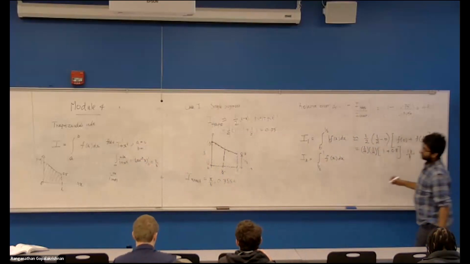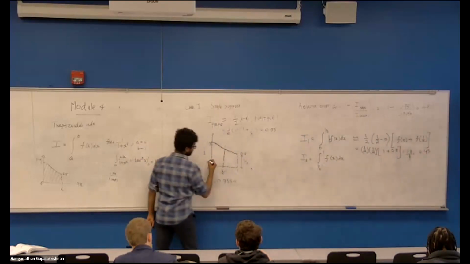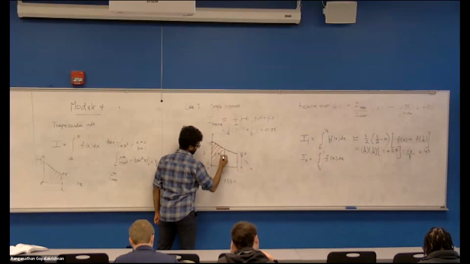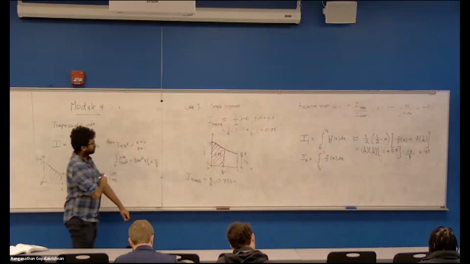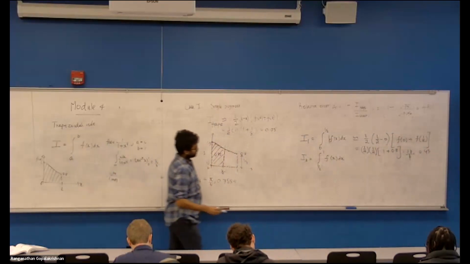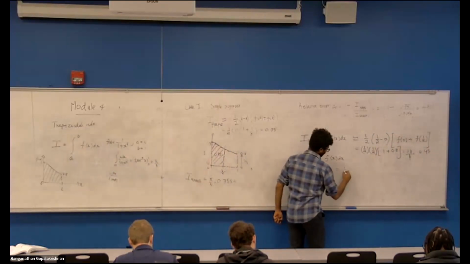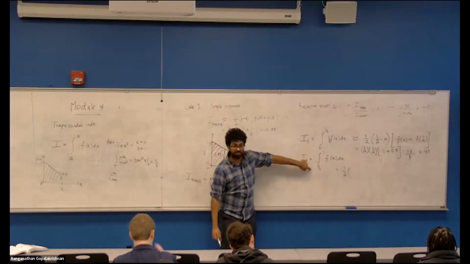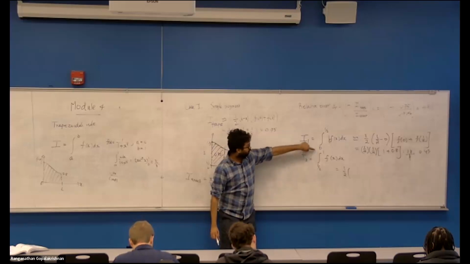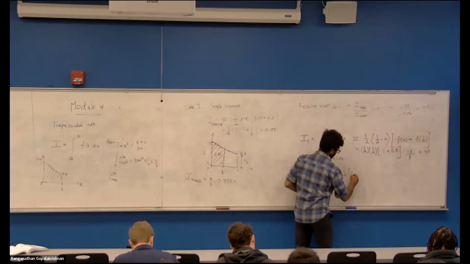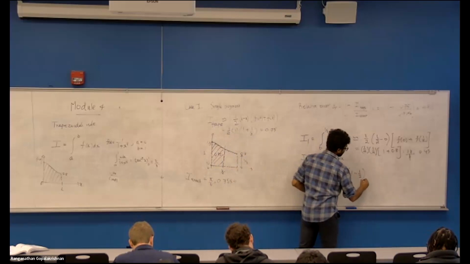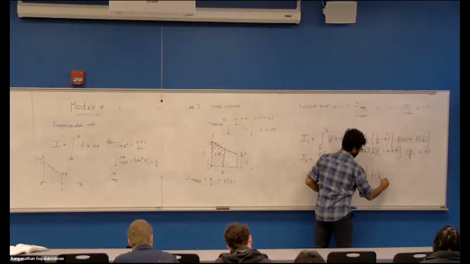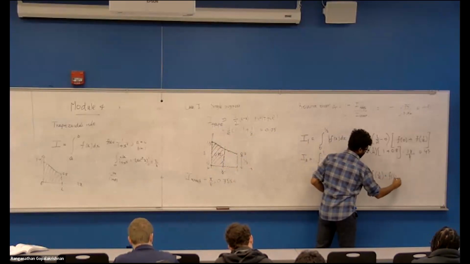And the second segment, so this area estimate is 0.45. For the second segment, I have half. What is the width of the interval? B minus a, 1 minus half, multiplied by f of half plus f of 1.